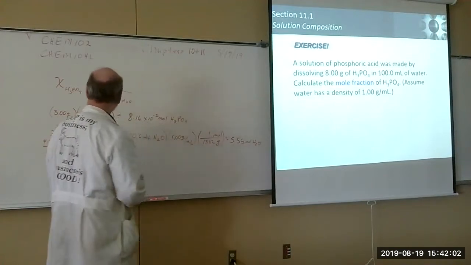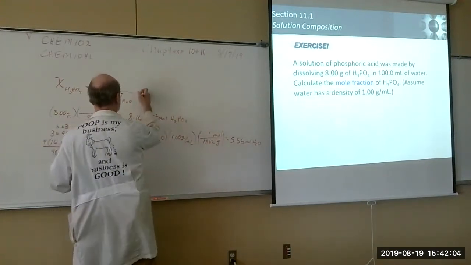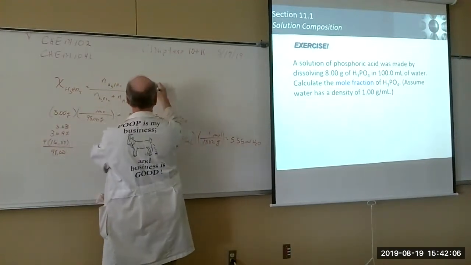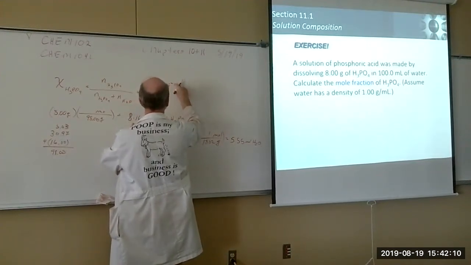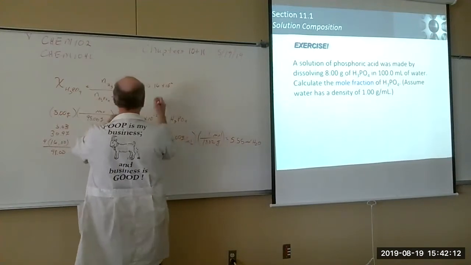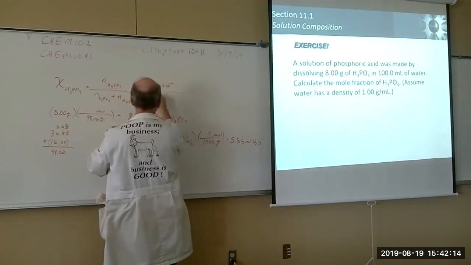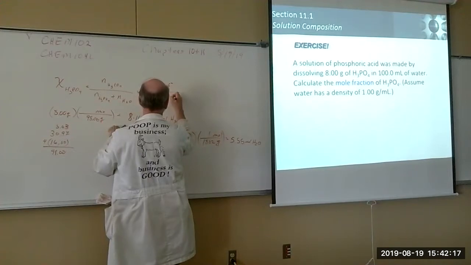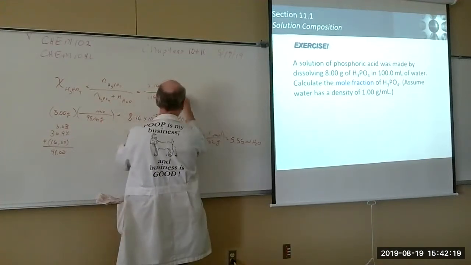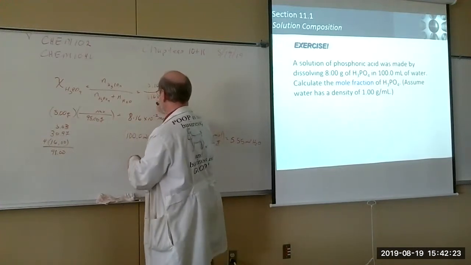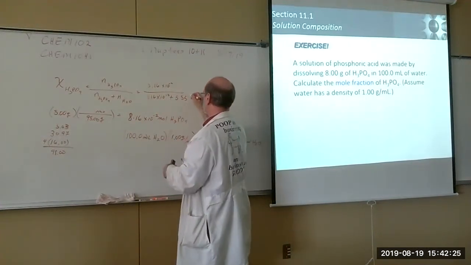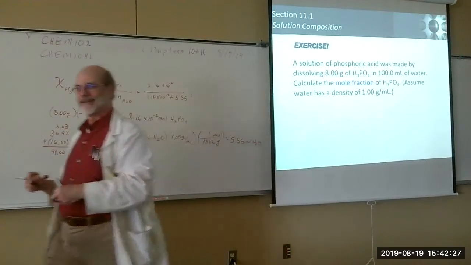Okay, now we can finish this one. So we got 8.16 times 10 to the minus 2 for that one, and this one is 8.16 times 10 to the minus 2 plus water, because this is the total. Actually, that's so small we can probably ignore it, right?